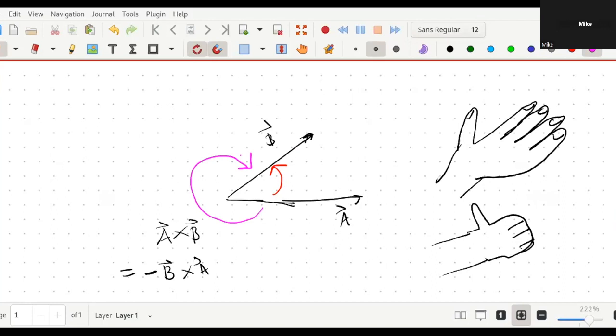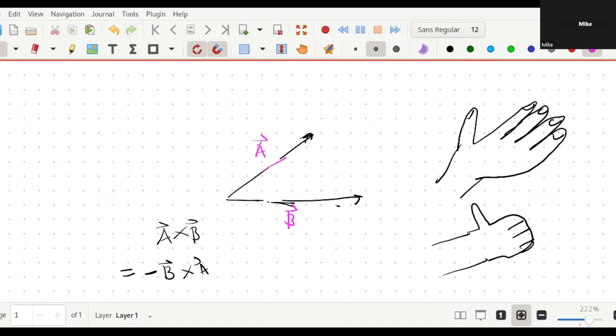So, for example, what if we swap A and B? Here is A, and here is B. If you place your hand on top of the screen and try to twist towards B, the angle is too big.